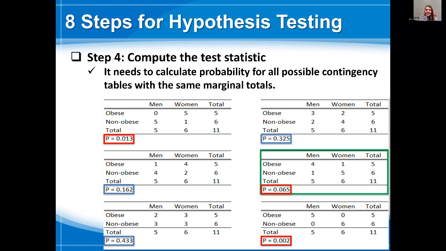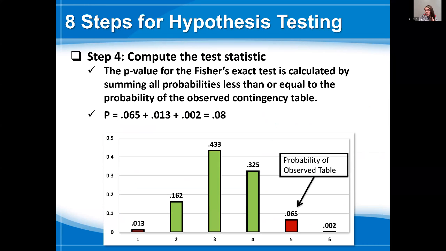You need to calculate probability for all possible contingency tables with the same marginal totals. So basically, in this red, you see you have 0 obese men, 5 obese women, 1 obese man, 4 obese women, etc. Those in red are the ones that would go to your final P, and it is calculated by summing up all the probabilities less than or equal to the probability of the observed contingency table.